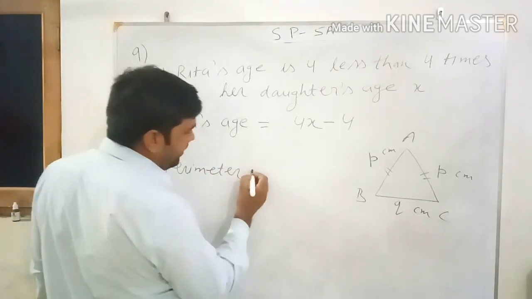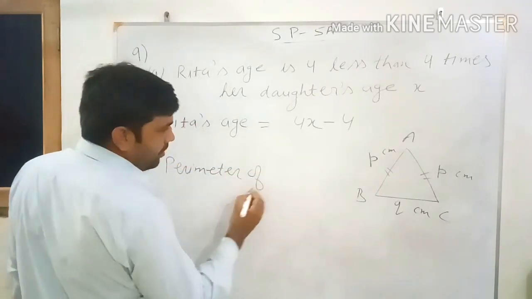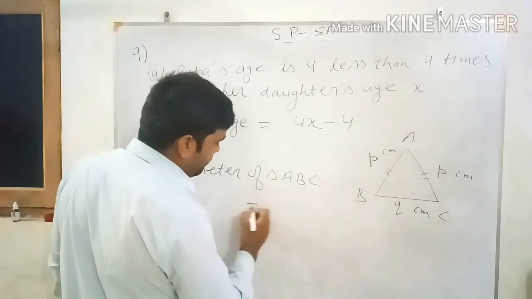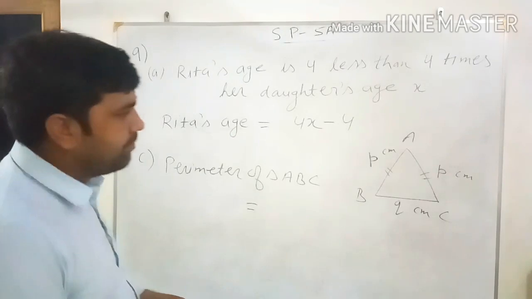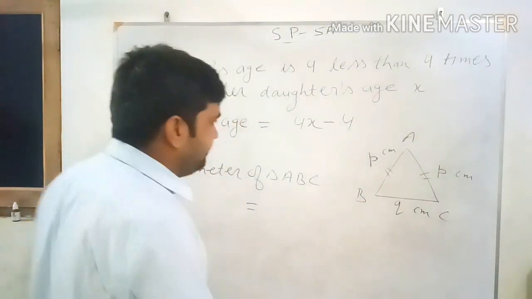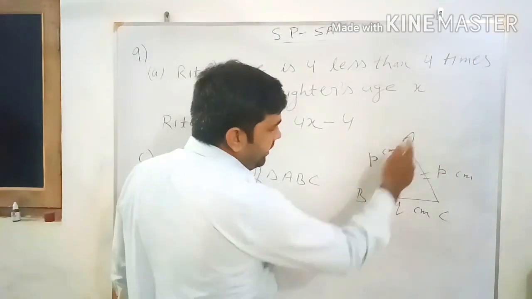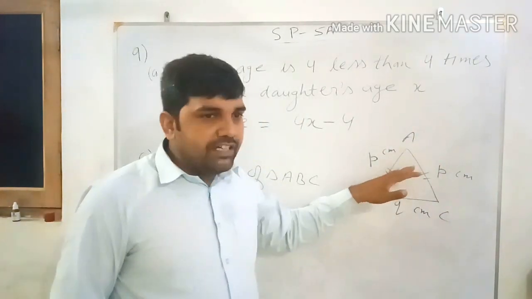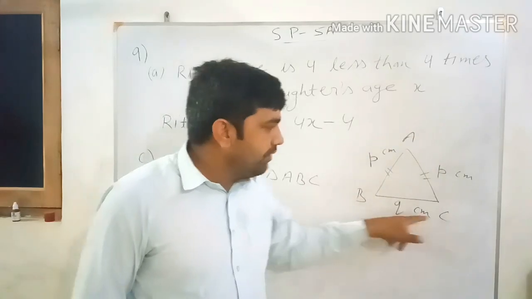The perimeter of triangle ABC equals the sum of the three sides. Perimeter means the length of the boundary of the triangle.